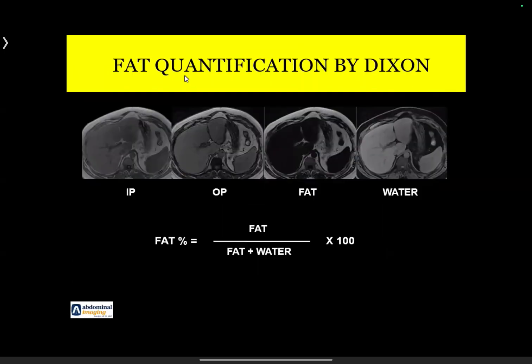There is one step ahead of this chemical shift imaging, the Dixon sequence, which gives you a set of 4 images: the in phase, out phase, the fat image, and the water image. So you can actually draw an ROI and you get the fat percentage, but that is a little cumbersome. You have to do it at multiple places.